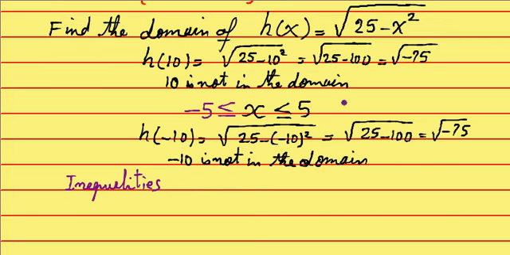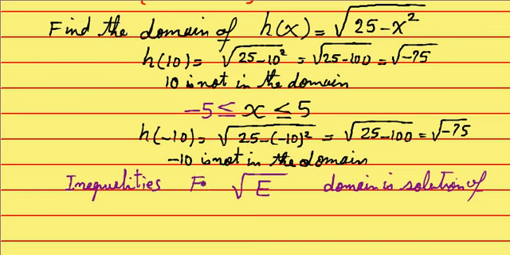With inequality, if you have square root of whatever and you want to figure out the domain of it, the domain is the solution of, say for square root of e, the domain is the solution of e ≥ 0, where e stands for whatever expression you have inside of the radical.